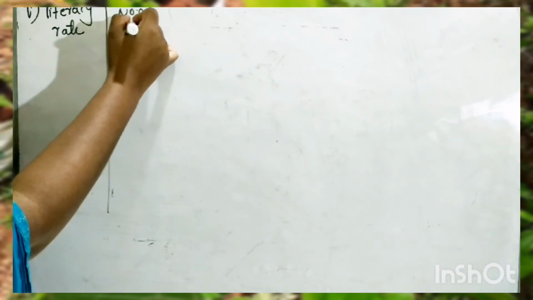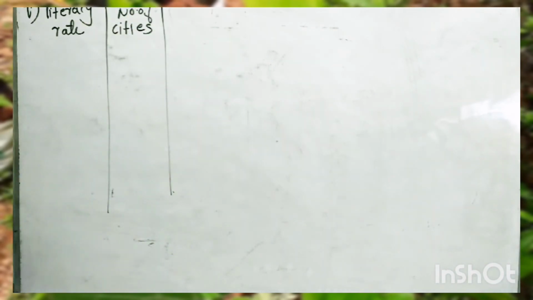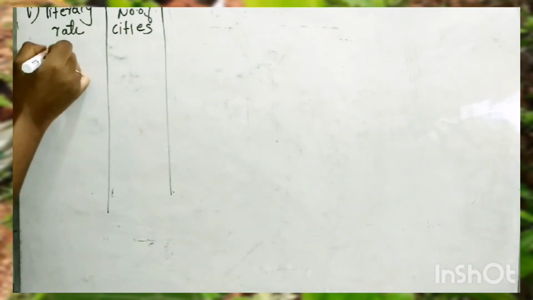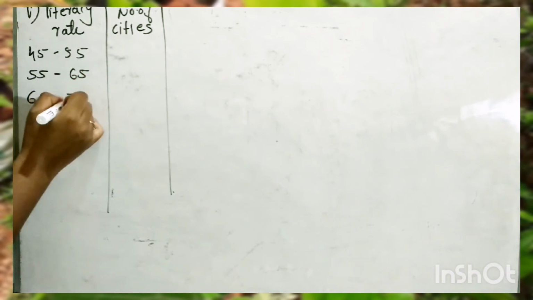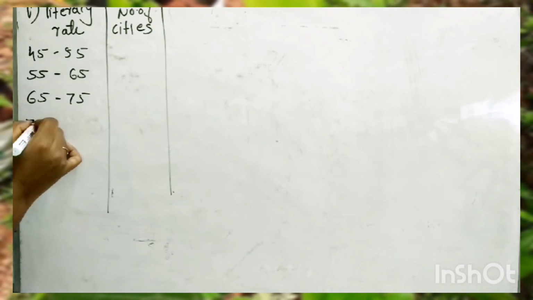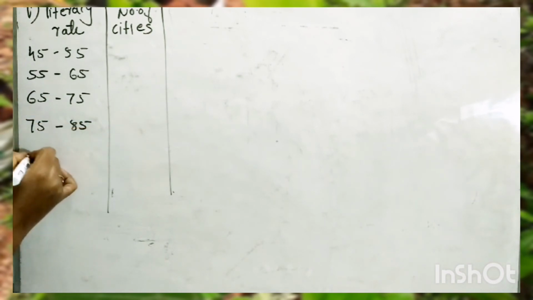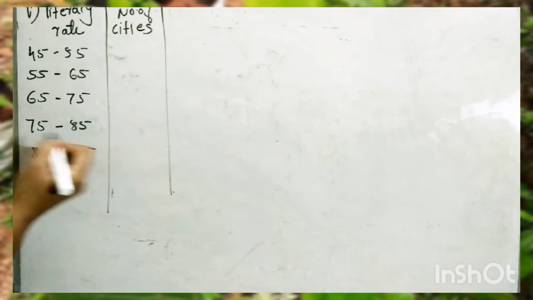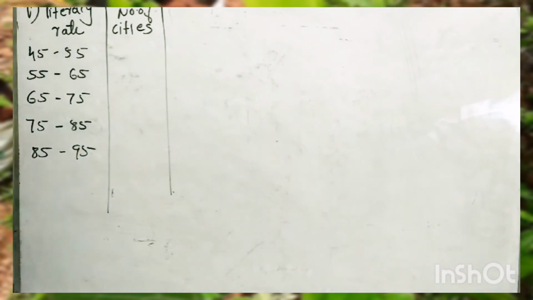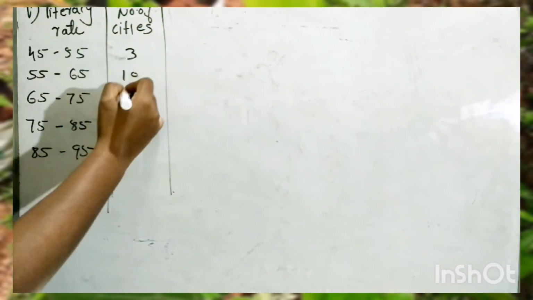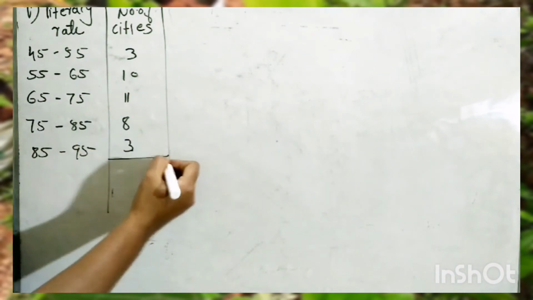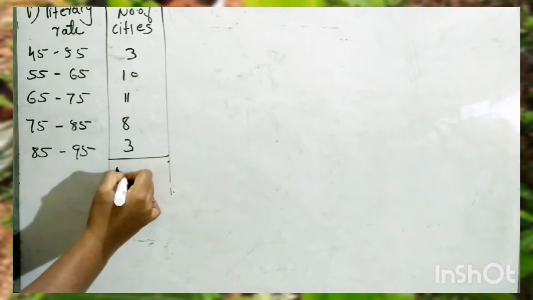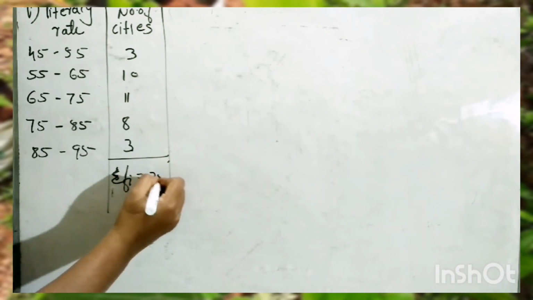The literacy rate: 45 to 55, 55 to 65, 65 to 75, 75 to 85 and 85 to 95. Number of cities: 3, 10, 11, 8, 3. The summation of this column, summation fi is equal to 35.